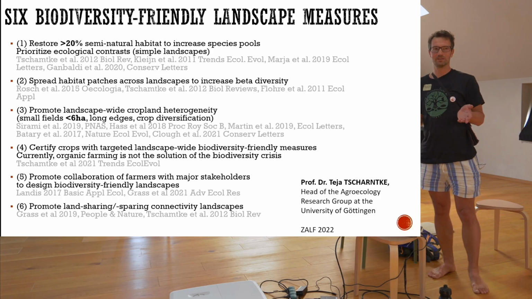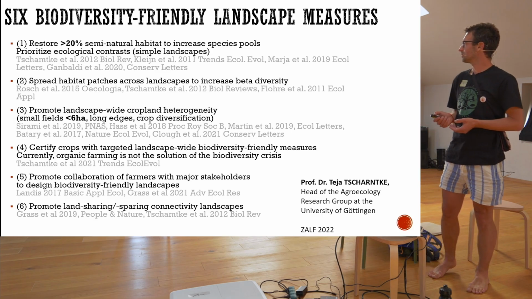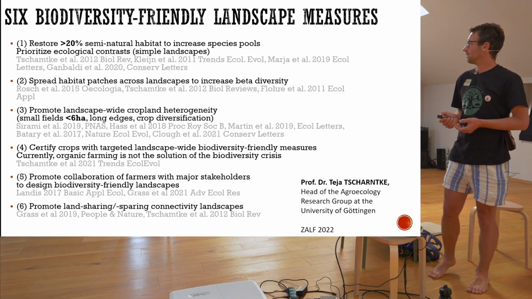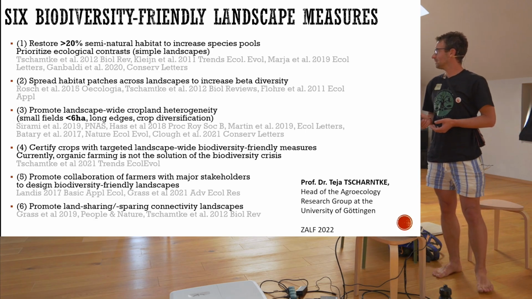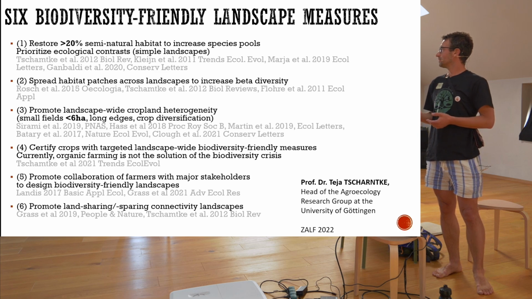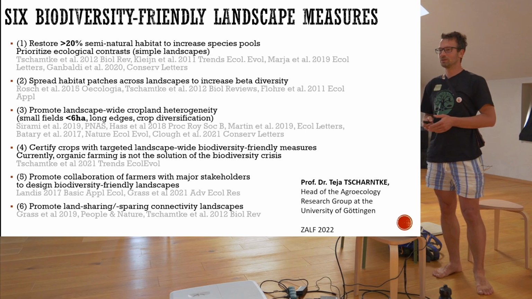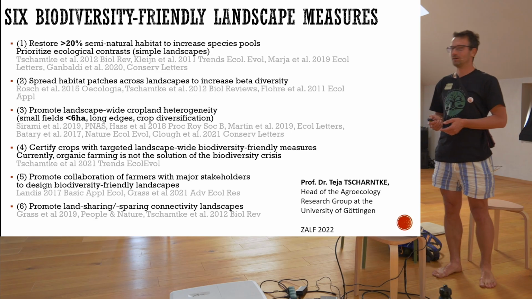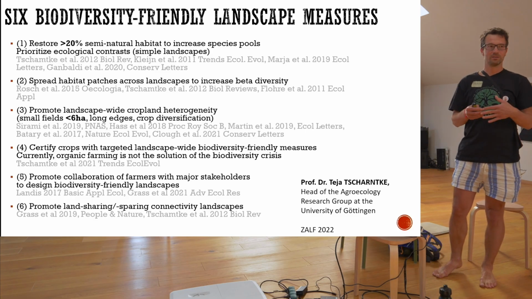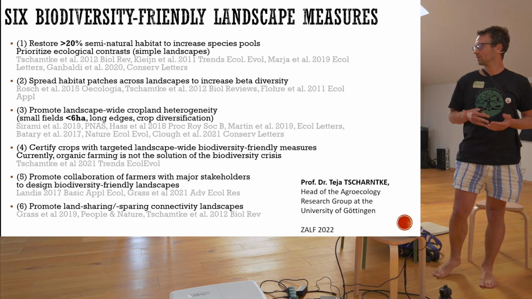That is already a good approximation if you develop regional policies. And all that 20% of semi-natural habitats should be homogeneously distributed across farms and across landscapes, which requires collaborative actions of farmers in the region. So you do need to cooperate.